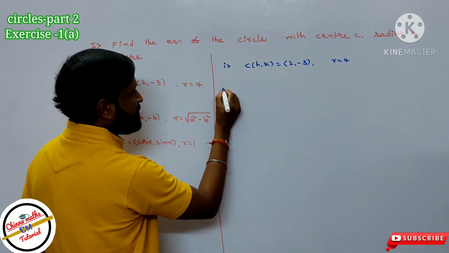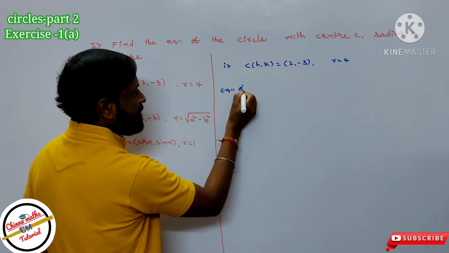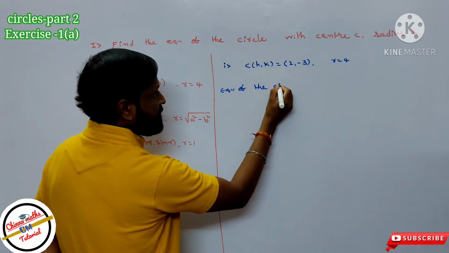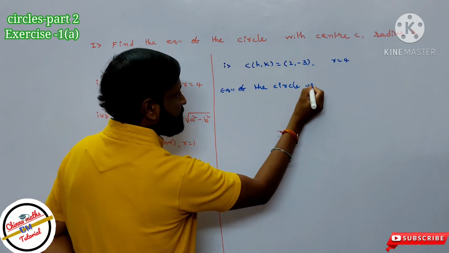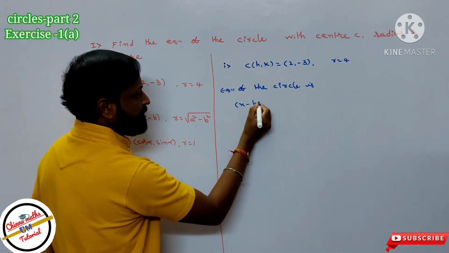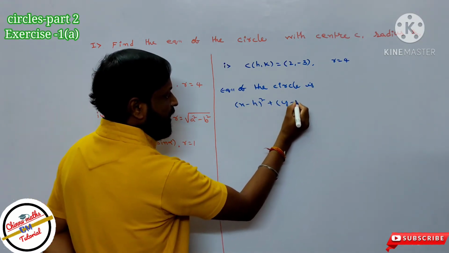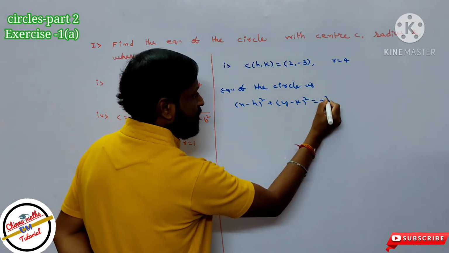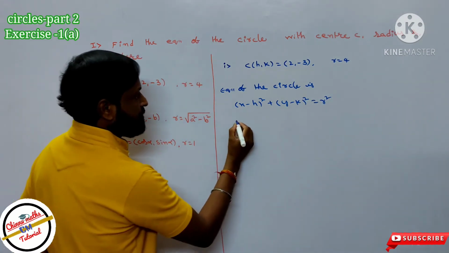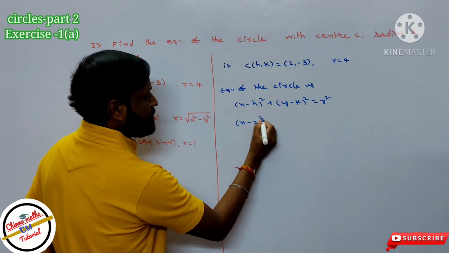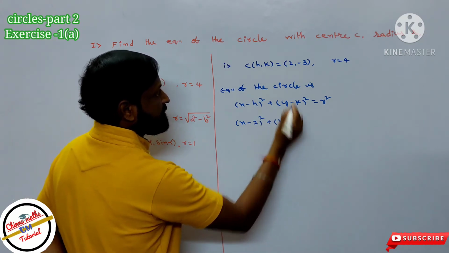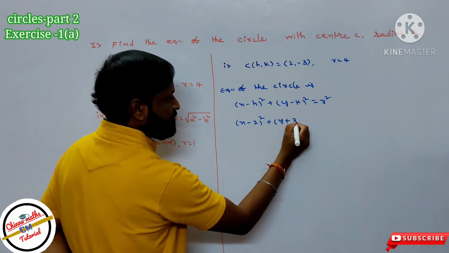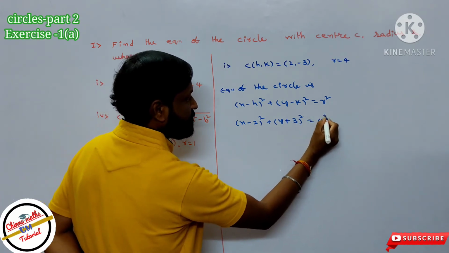What is the required equation? The equation of the circle is (x minus h) whole square plus (y minus k) whole square equal to r square. Then substitute: (x minus 2) whole square plus (y minus of minus 3, that is y plus 3) whole square equal to 4 square.